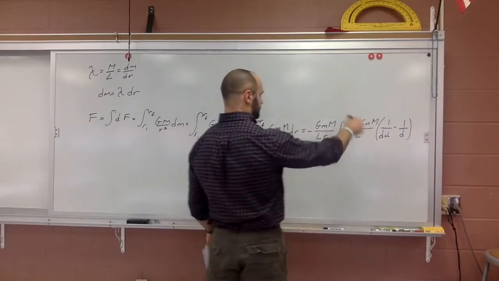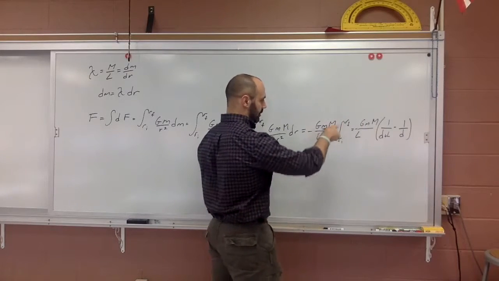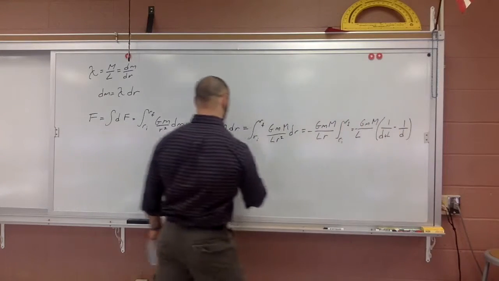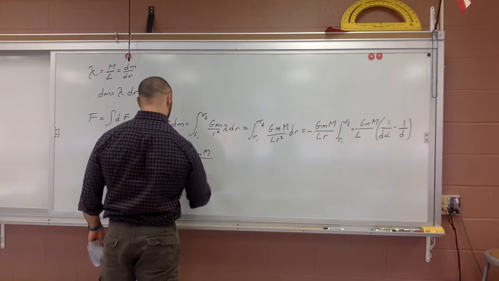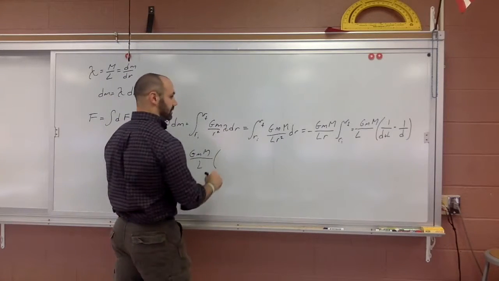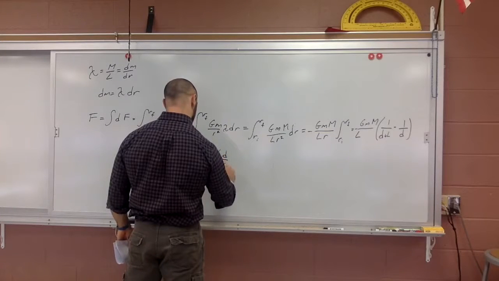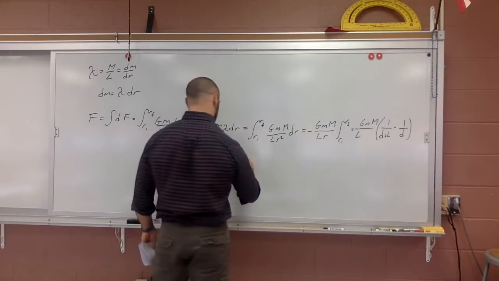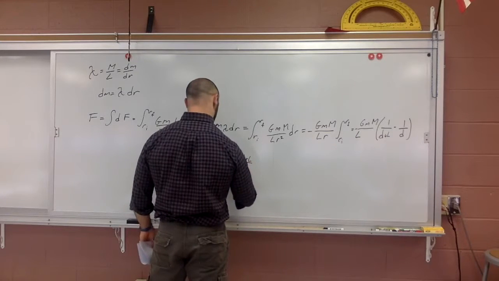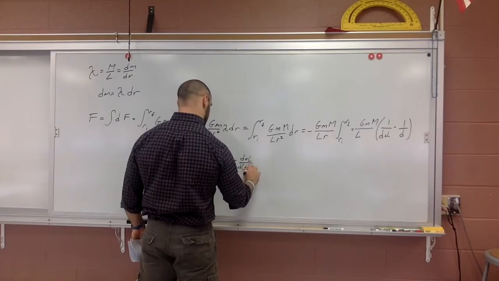But we do some fancy work here with trying to simplify that, so we get G M over L. This then becomes D over D times D plus L minus D plus L over D times D plus L.